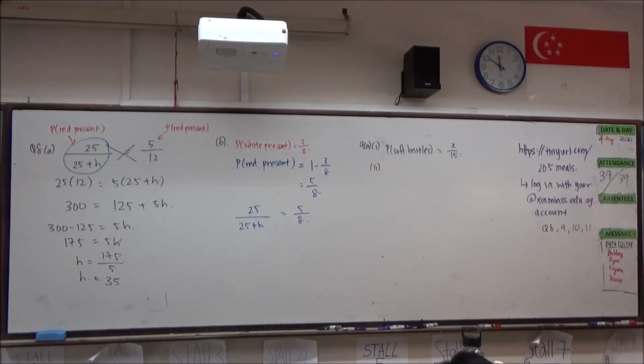Then next, part 2. When 5 more toothbrushes with soft bristles are added to the carton, the probability of drawing one with soft bristles at random becomes 3/4.